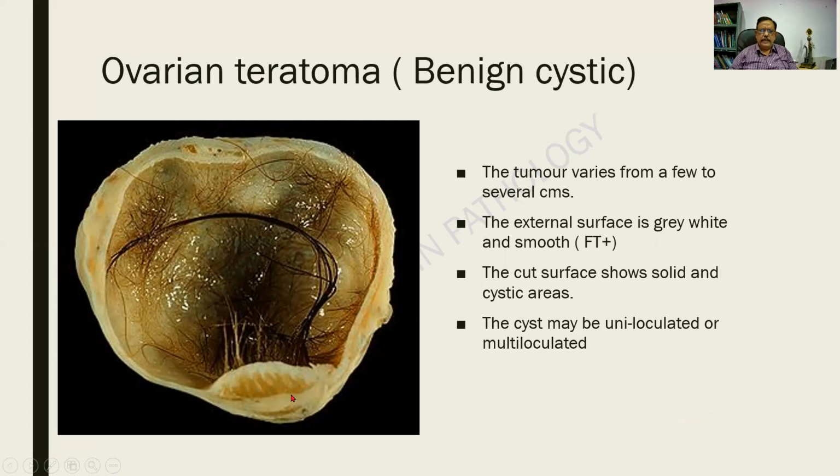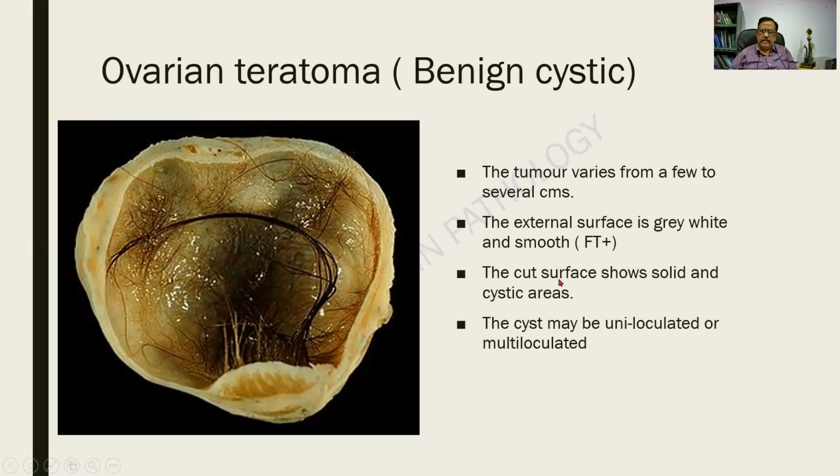This is a specimen that you people should be able to describe. Let us assume that it is a specimen. The tumor can vary from a few to several centimeters in diameter. The external surface is grayish white and smooth. If it is an ovary, it is identified by means of a fallopian tube.